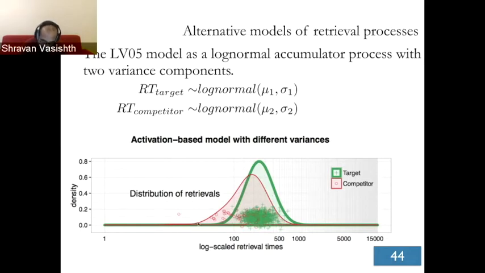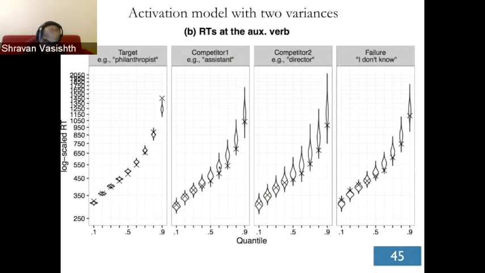And this other color, I'm actually colorblind, so I can't say what color this is, shows the distribution of finishing times for the incorrect retrievals. So we changed the standard deviations for the retrieval of the target and the competitor in the ACT-R model. And then what we find is that indeed the ACT-R model is able to get a better fit to the incorrect responses.